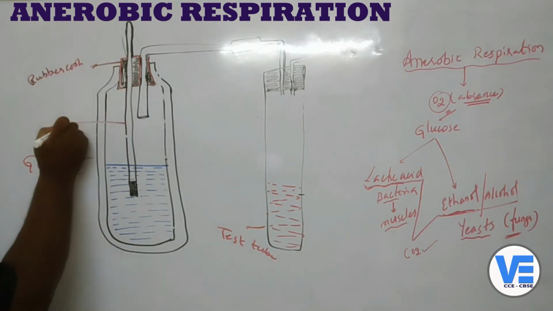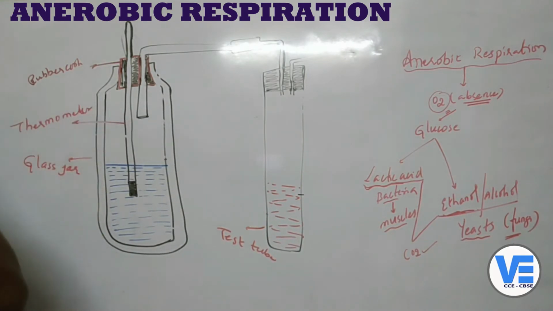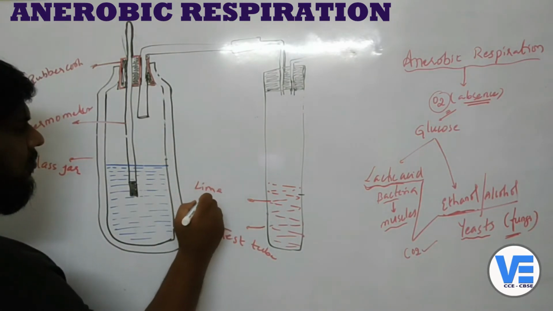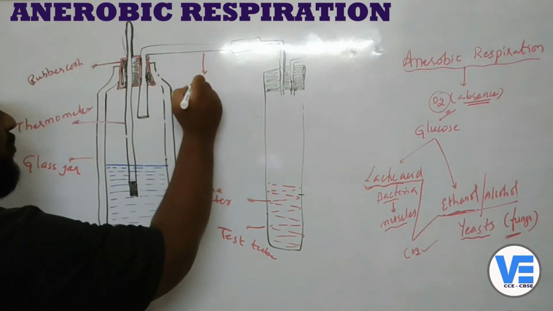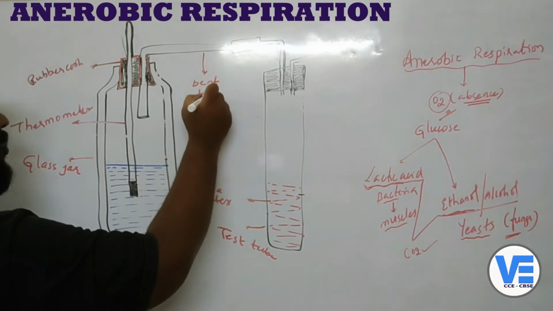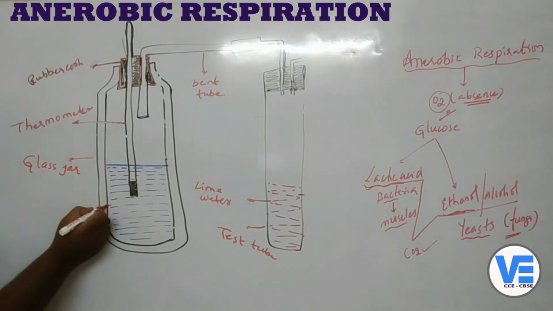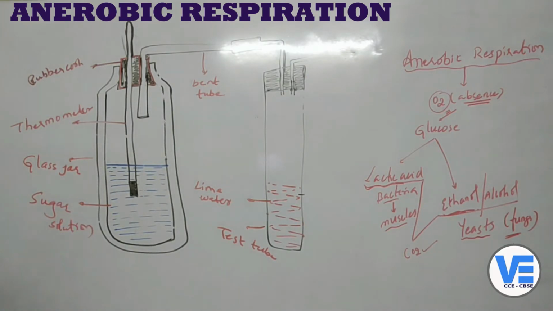The long one is the thermometer, and the solution here is the lime water. This one is a bent tube. And the solution which I have taken here is the sugar solution. So this is the apparatus which I have taken to go ahead with this experiment.